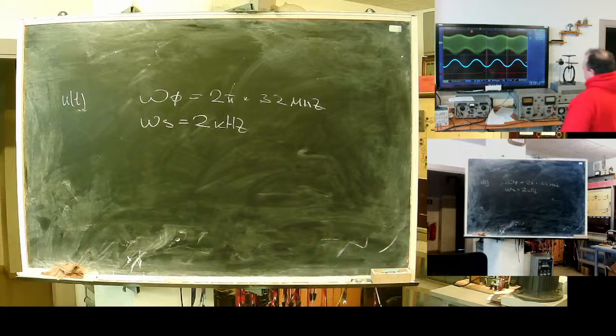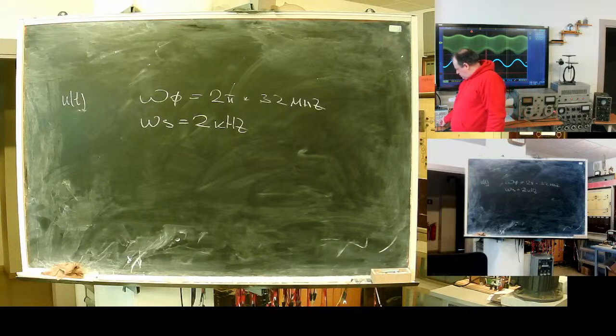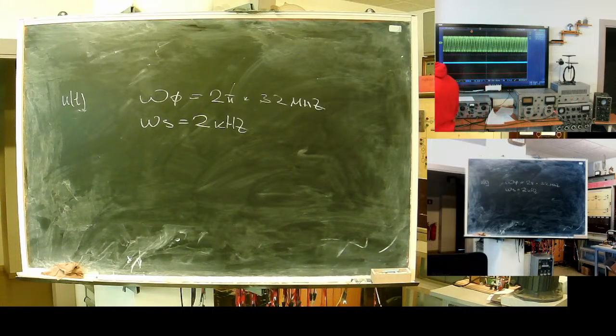And this yellow line is a 2 megahertz signal transferred to 4 megahertz. So it's a bit different.